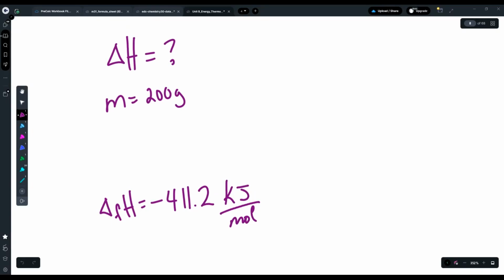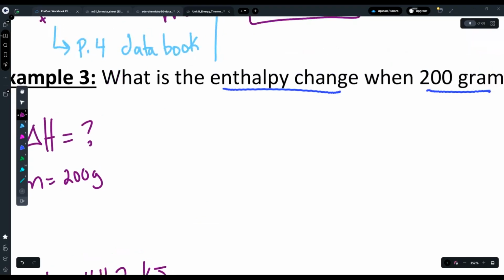Okay, so the reason why I left a little space here is just so I could figure out molar mass. Okay, so with sodium chloride, it's NaCl. We only have one atom each of sodium and of chlorine.